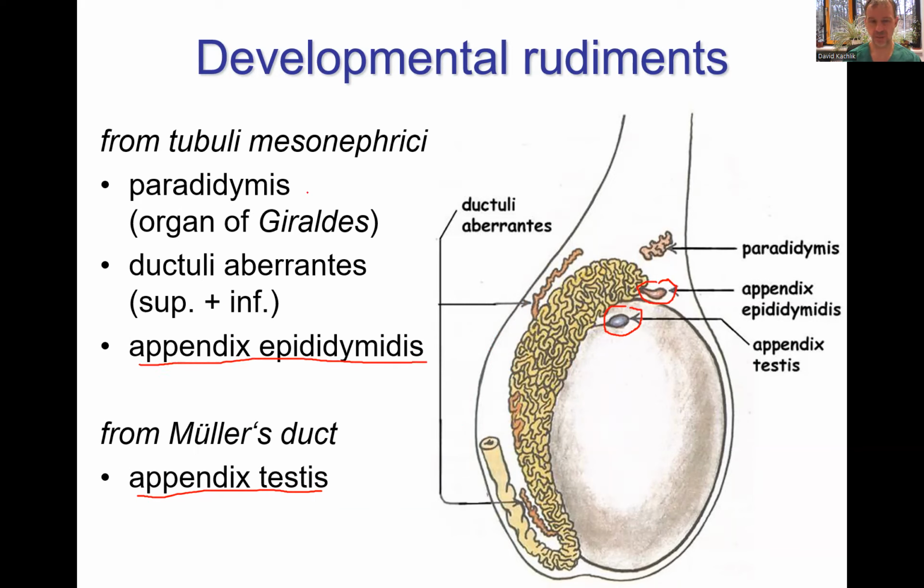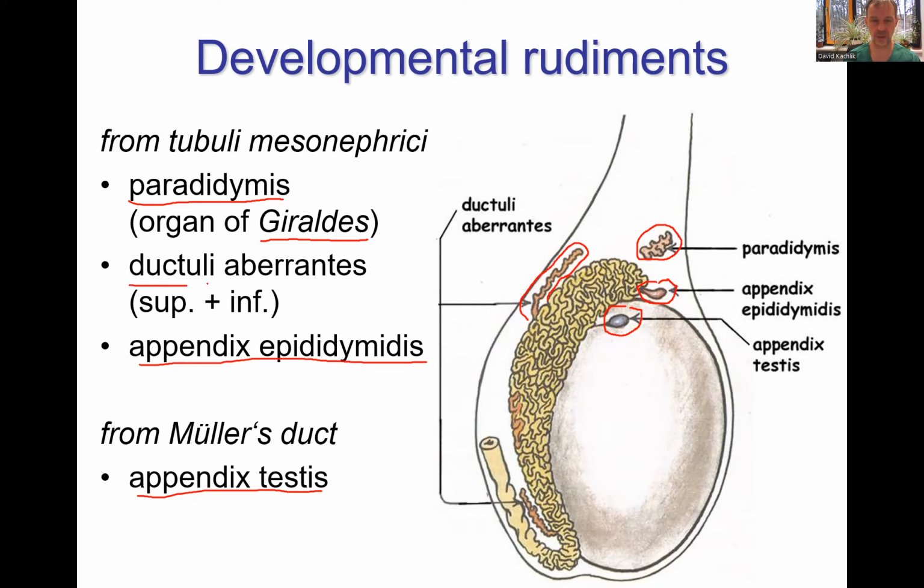And the mesonephric tubuli can also form such a separate organ. When it's separate, it's called a paradidymis, like a twin next to the right twin, called the Giraldes organ. Or it could form such a cul-de-sac in the shape of a tubulus, which is attached to the ductus epididymis.